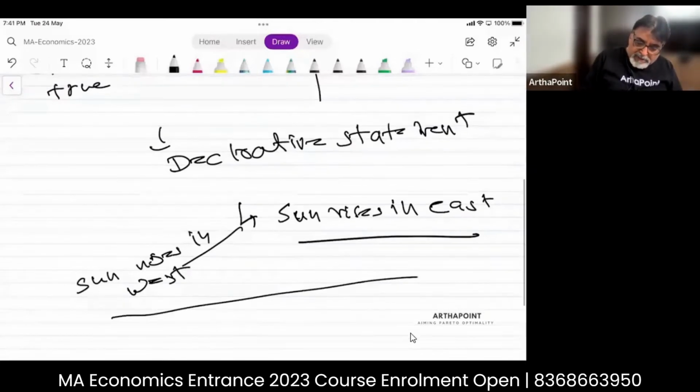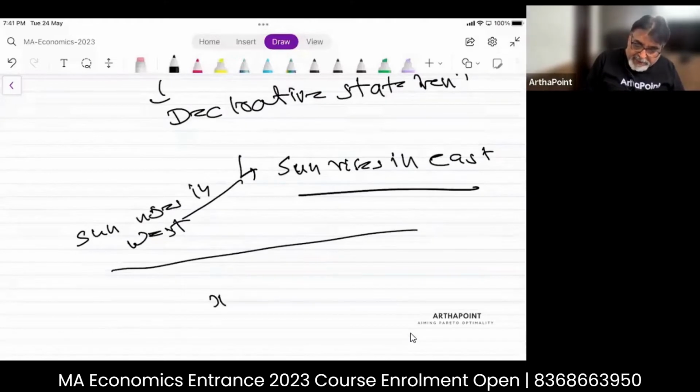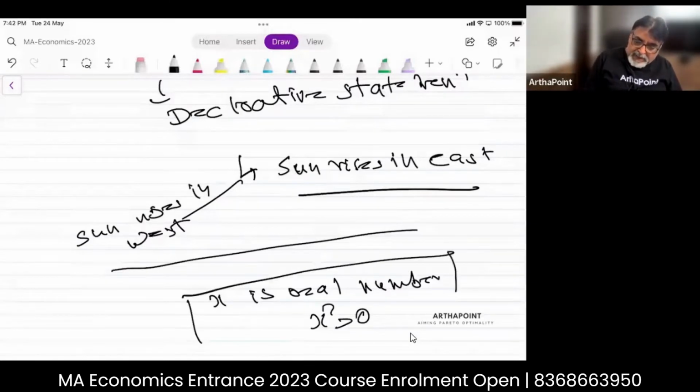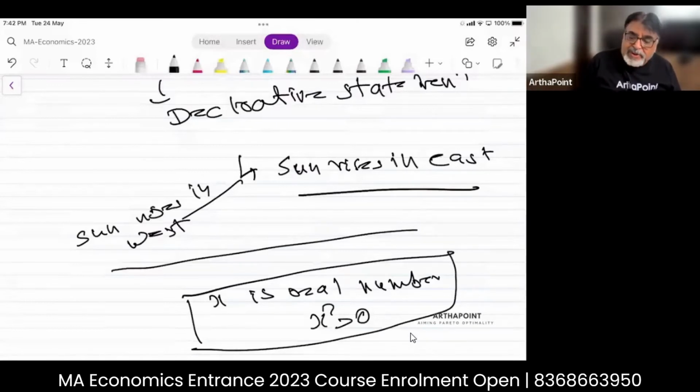Now suppose X is a real number, and X square is greater than 0. Consider this statement. X is a real number, X square is greater than 0. Is it a proposition or not?